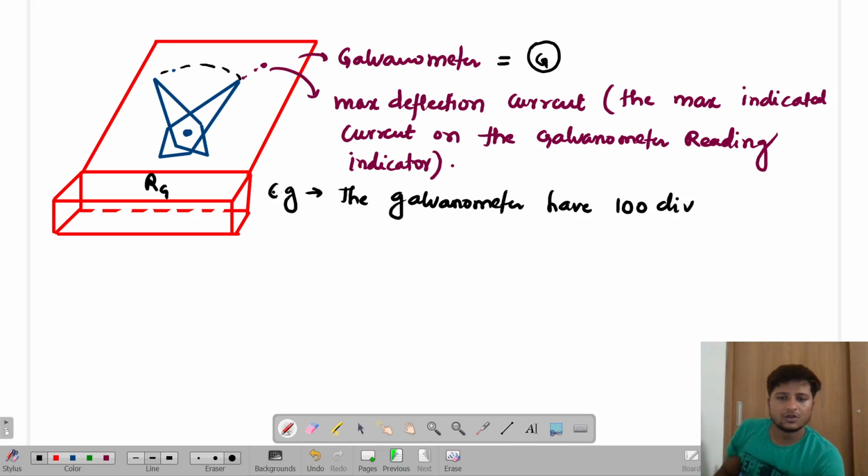Got it? So let's suppose the galvanometer has 100 divisions.